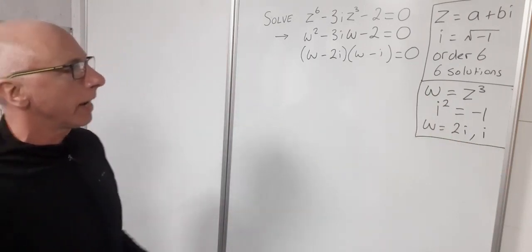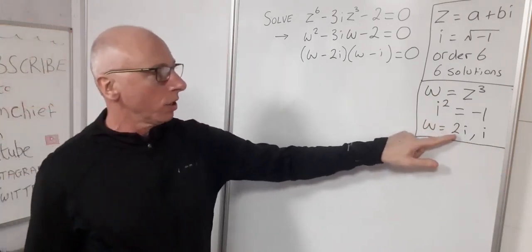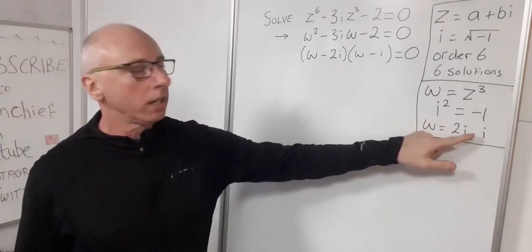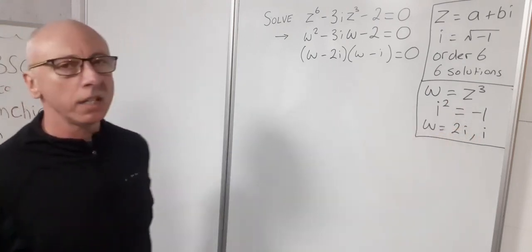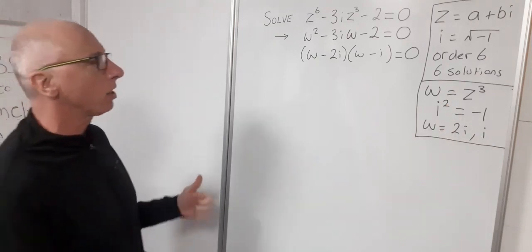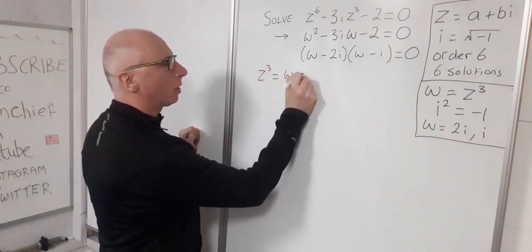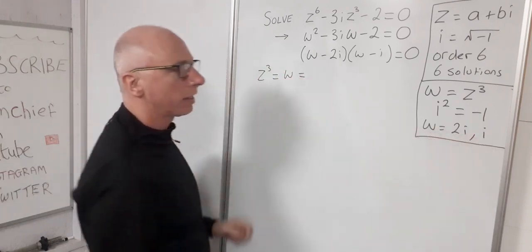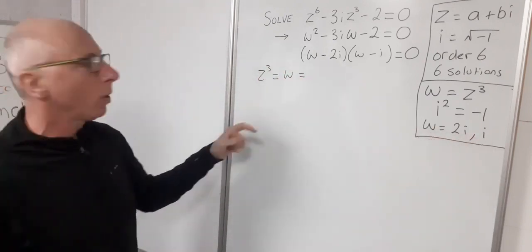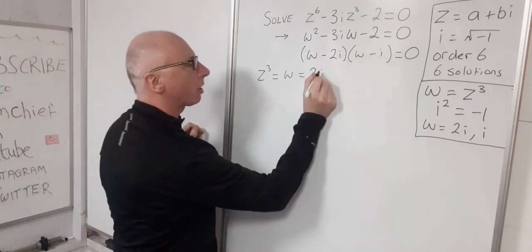Okay, now all well and good, I've got w equals 2i or i, but I need z. Now z cubed equals w, which equals either 2i or i. So let's write both equations out and see where we can go from there.